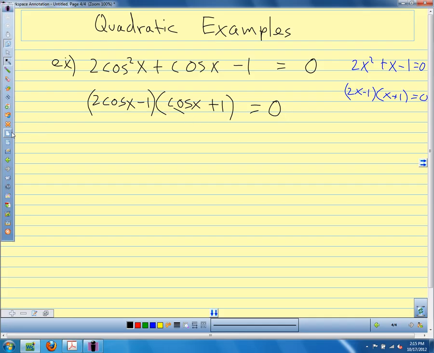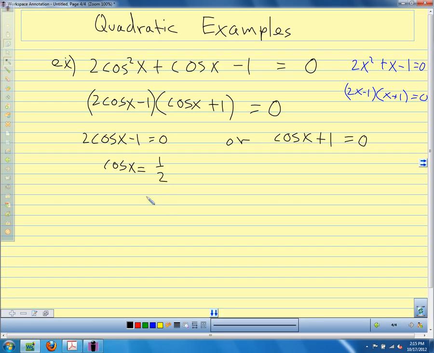For these two parentheses to multiply to give me 0, one or the other of them has to be 0. So this tells me that 2 cosine x minus 1 equals 0, or cosine x plus 1 equals 0. Now I have two problems that I have to solve. This one tells me that cosine x equals 1/2. This one tells me that cosine x equals minus 1.